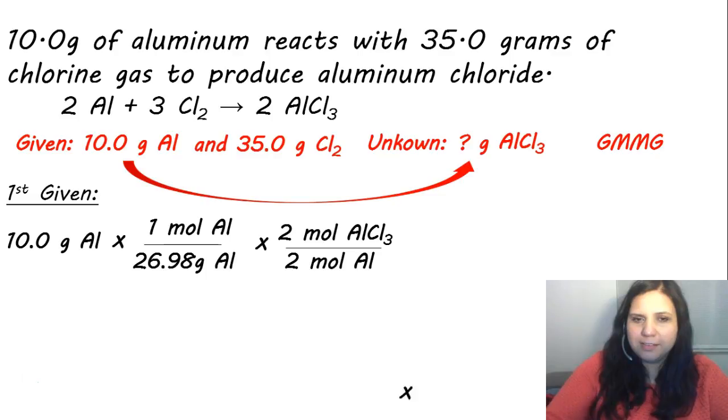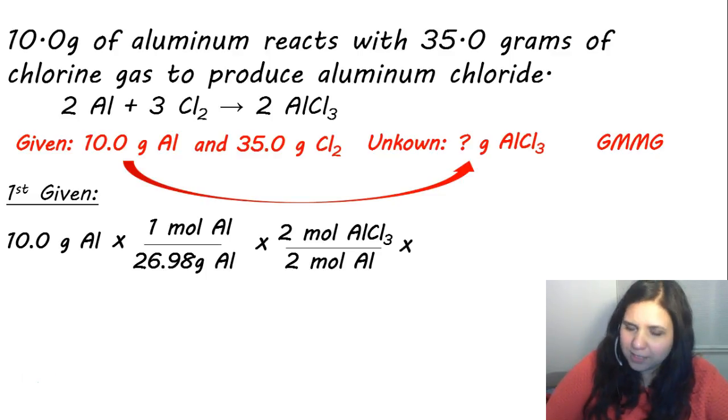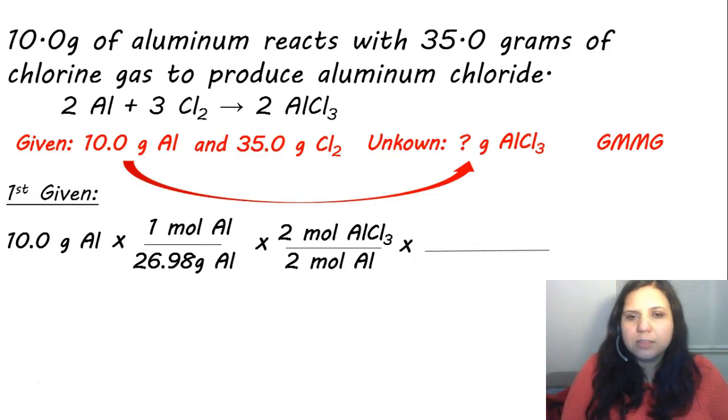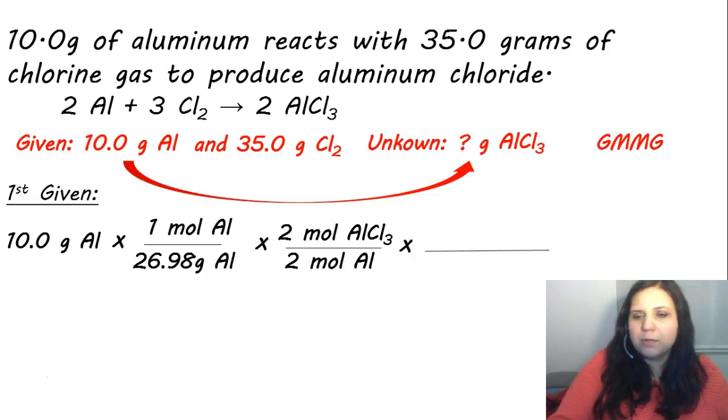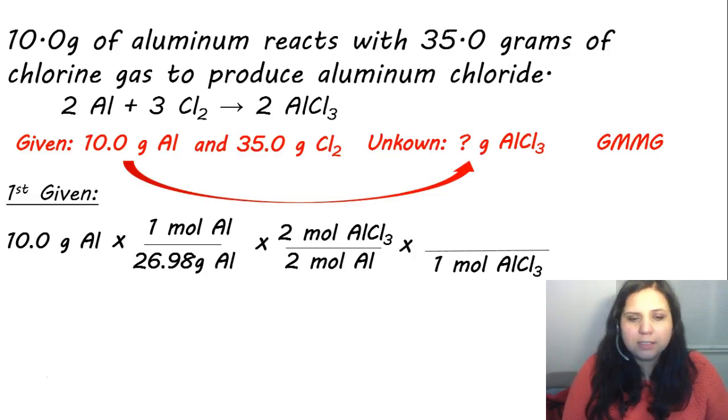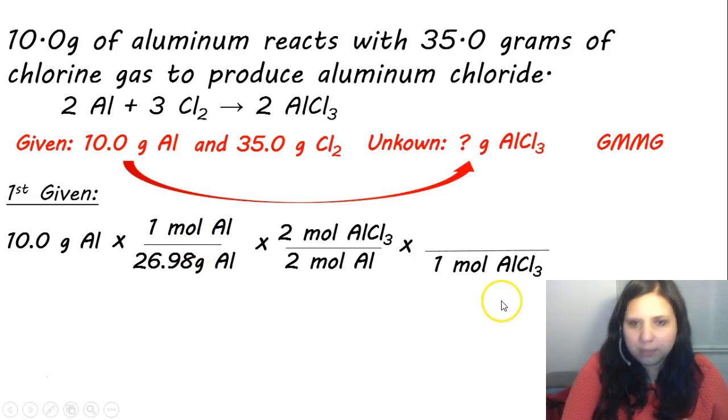Great. Next step, the third step in a mass-to-mass problem, is to use the molar mass. This time it's for the substance that we're trying to find, so that's aluminum chloride. So I'll have to say, okay, well, for every 1 mole of aluminum chloride, remember that's 1 in front. Notice there's a 1 here and a 1 there. The only time I have a number in front of mole that's not 1 is when you have the mole ratio.